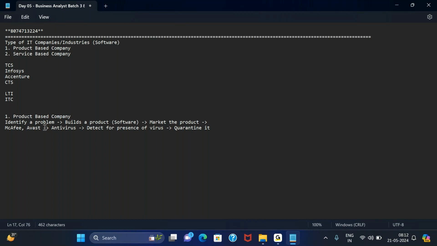So marketing could be done in different ways. Once you market the product and find the audience, the audience will pay to get a license, so that they can use the product.